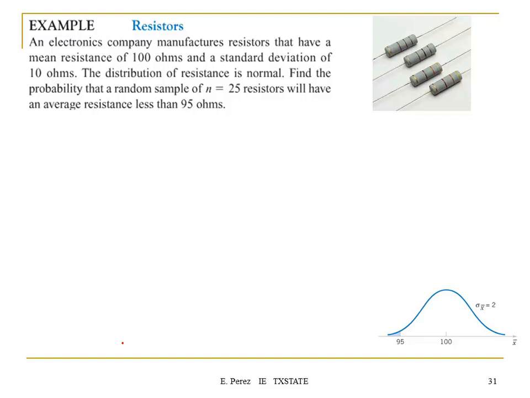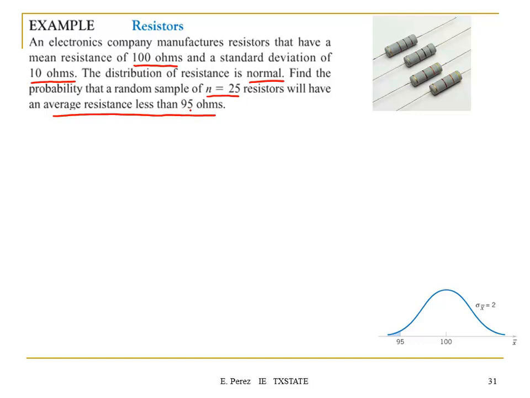Okay, let's look at another example. An electronics company manufactures resistors that have a mean resistance of 100 ohms and a standard deviation of 10 ohms. The distribution of resistance is normal, and you need to find the probability that a random sample of n equals 25 resistors will have an average resistance less than 95 ohms.